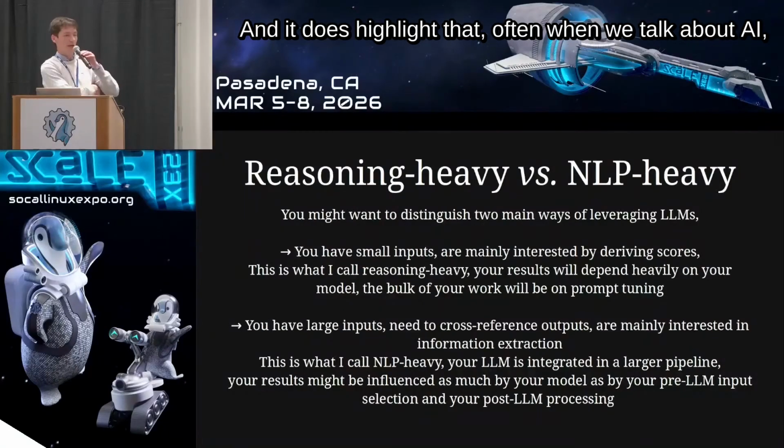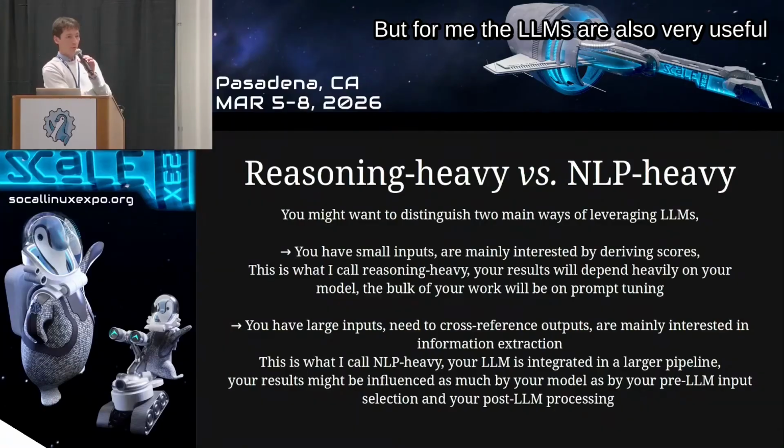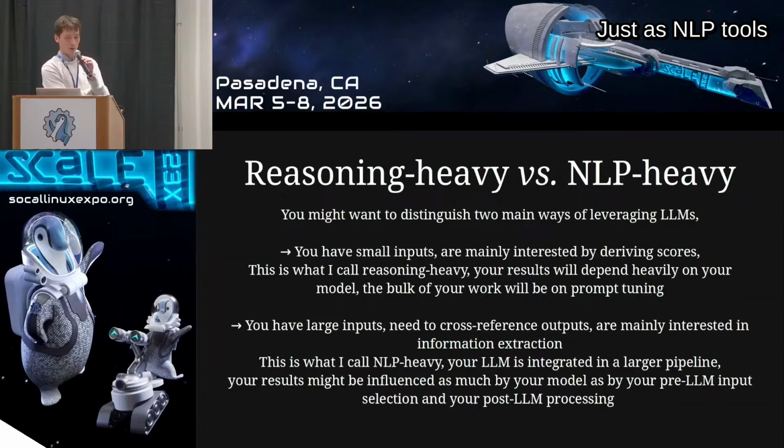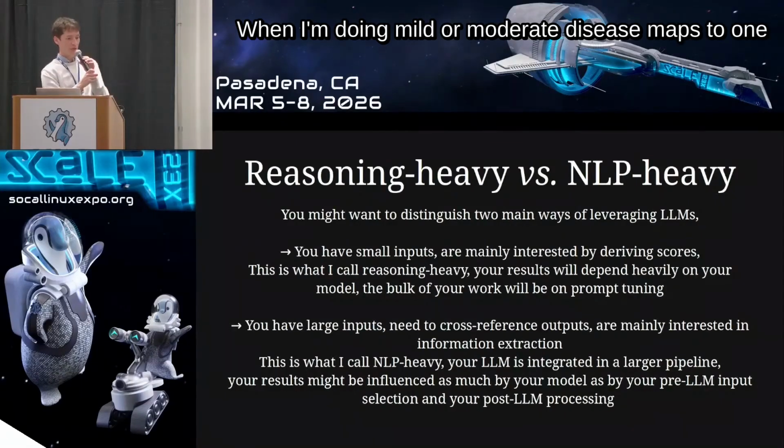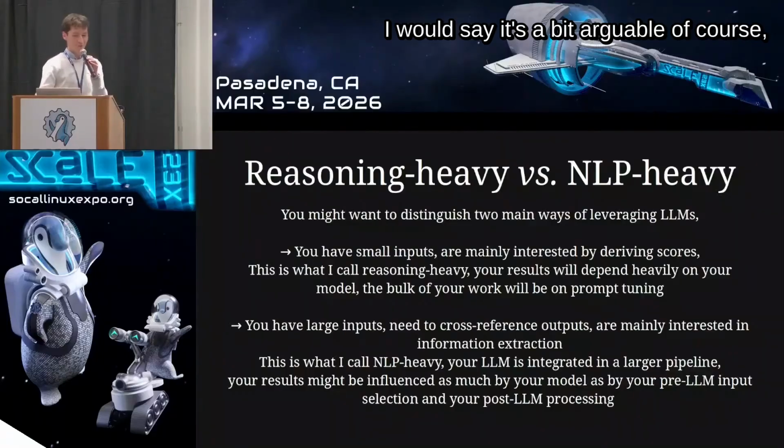It does highlight that often when we talk about AI, we talk about reasoning, calculations, but for me, the LLMs are also very useful just as NLP tools. I would say it's a bit arguable.